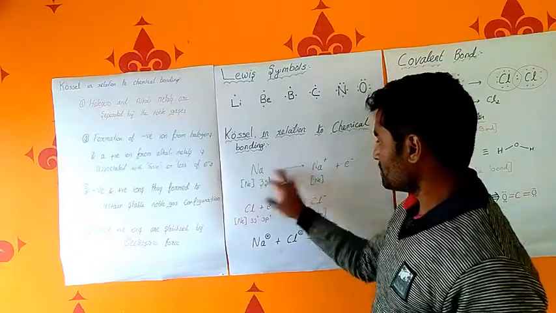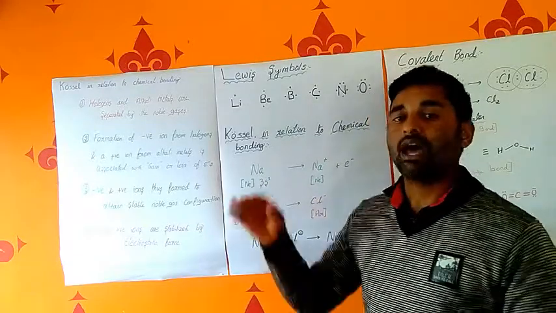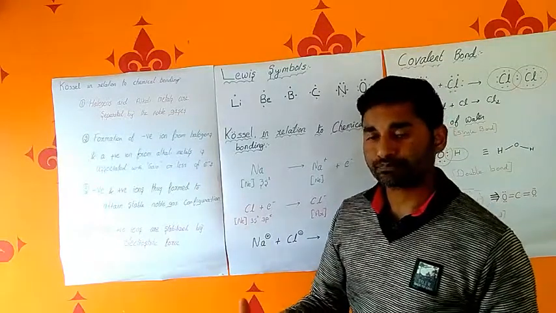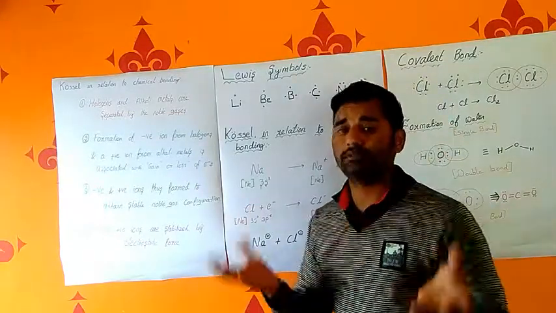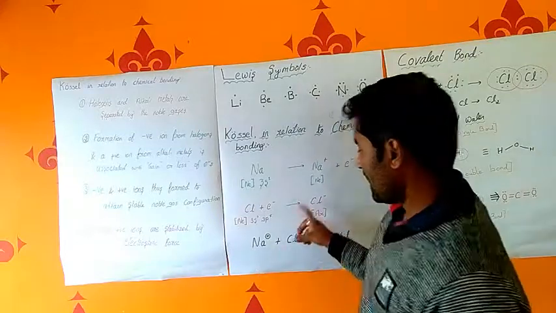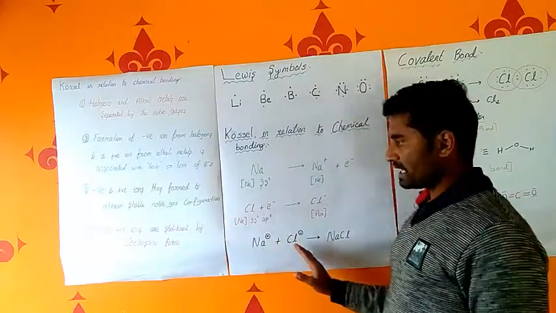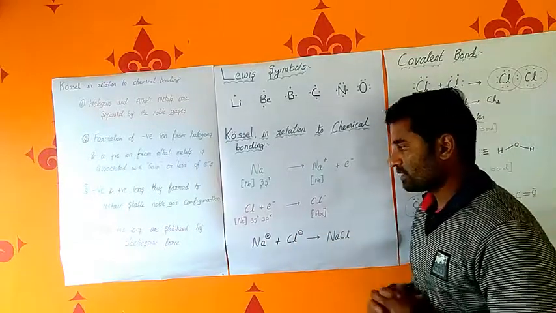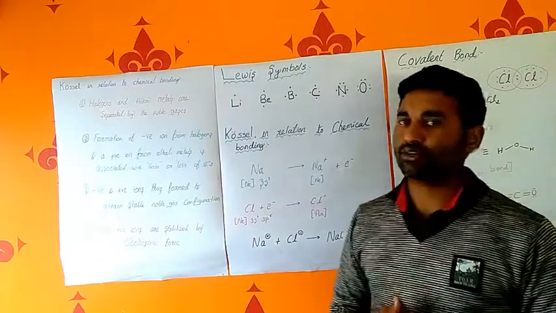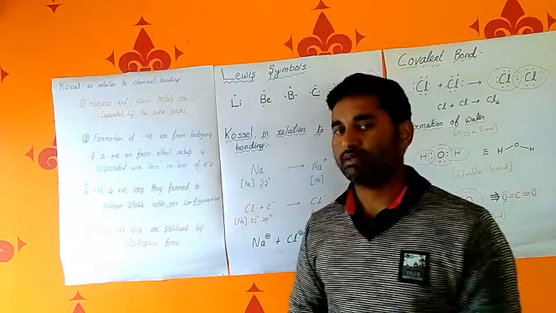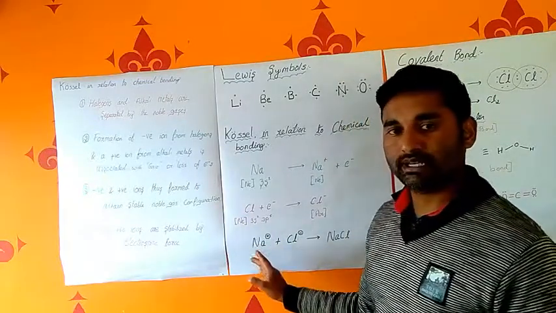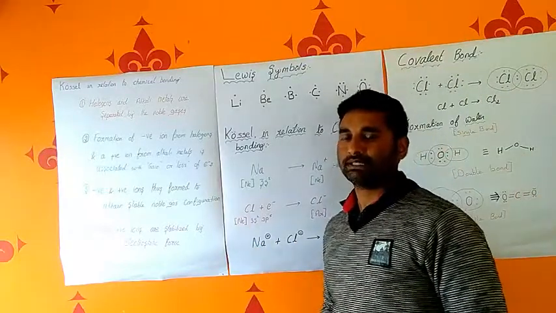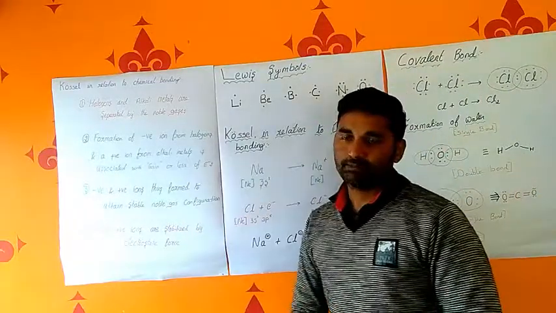The third point says by losing and gaining electrons, alkali metals and halogens attain stability because of the fulfilled outermost orbital. And the last point says negative and positive ions are stabilized by electrostatic force, that is nothing but a strong chemical bond between positive alkali metal and negative halogen. So these are the 4 postulates of Kossel's theory.